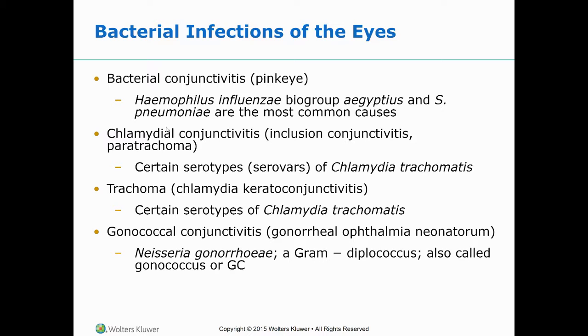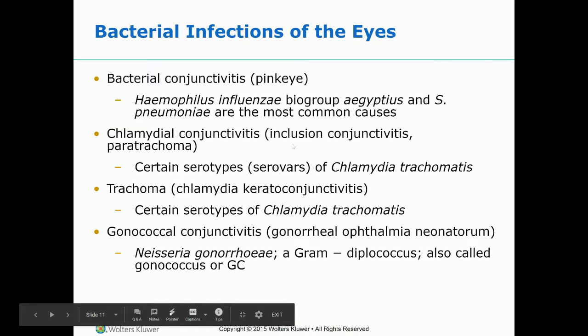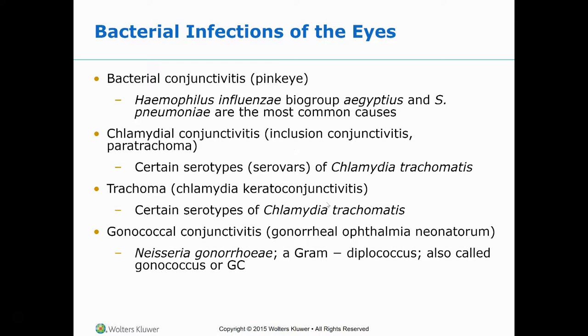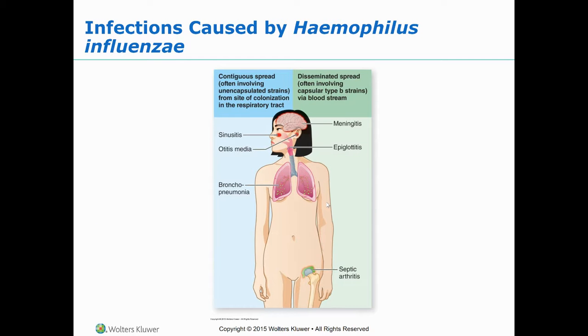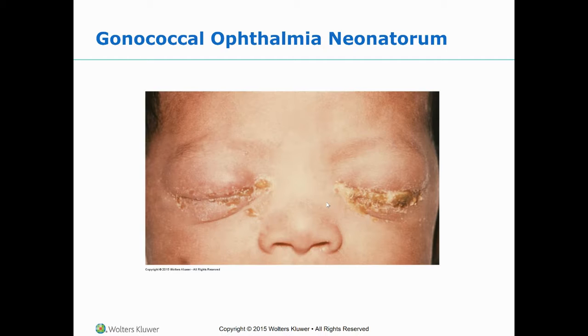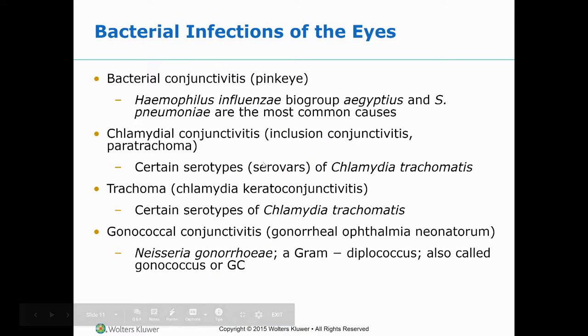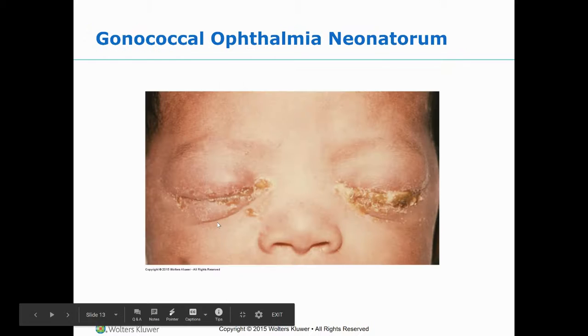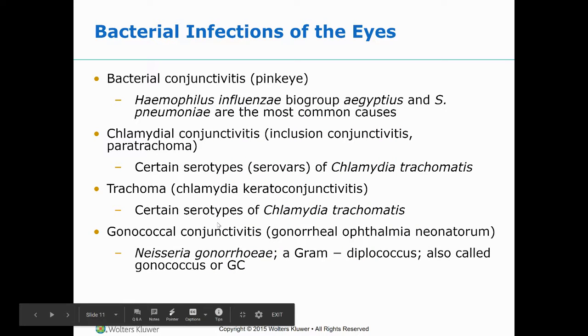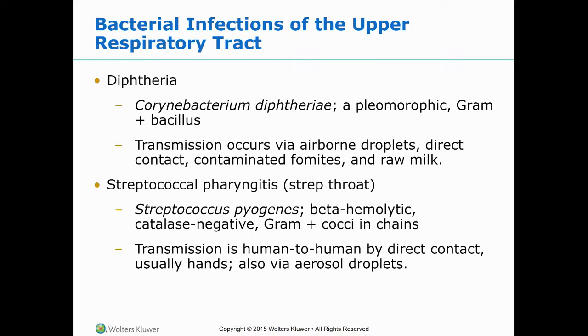And most of these are also going to look very similar to pink eye. They're also going to be caused by different bacteria. Okay, so this is just one example of a situation within your eyes.